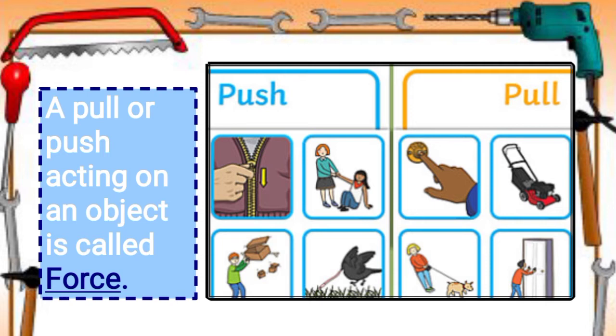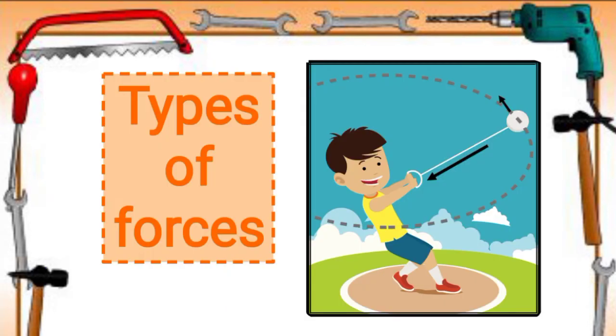So force is used not only to move an object but also to stop it. And force is used to change the direction and position of an object. Even it can be used to increase or decrease the speed of moving object.